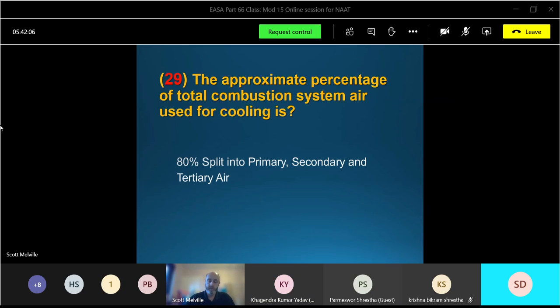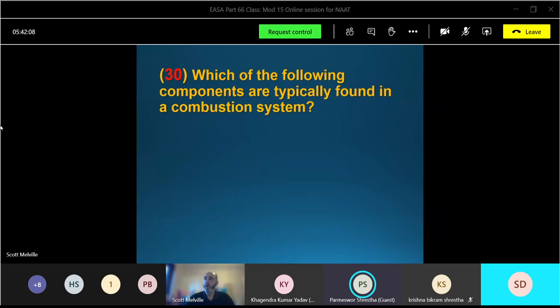Good. Which of the following components are typically found in a combustion system? Tell me, what would you find in a combustion system? Nozzle, burners.